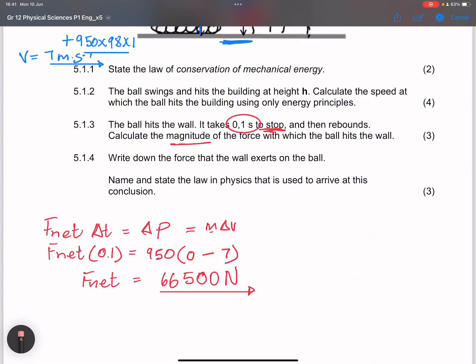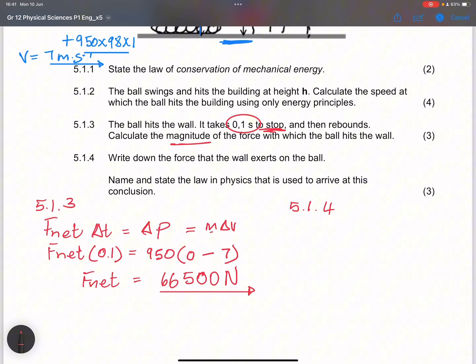Now, or rather, that's the force that the ball hits the wall with. So that was 5.1.3. Okay, so for 5.1.4, they say to us, write down the force that the wall exerts on the ball. Now, really, this is an application of Newton's third law, right?